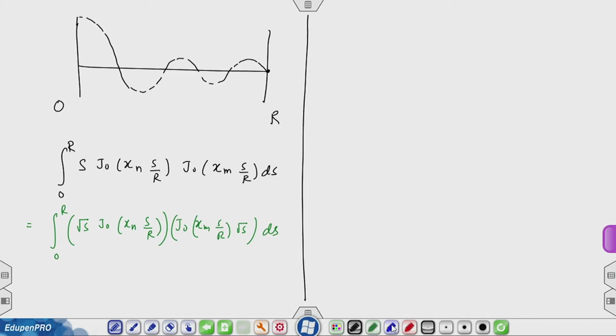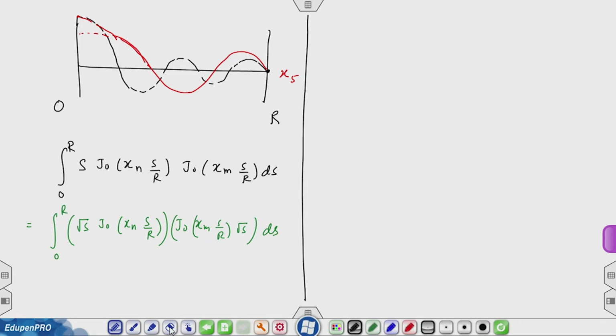Another J0 may look like, oh, this value is 1 out here, so it may look like this. So, the black one has first, second, third, fourth, fifth zero here, and the red one has third zero.